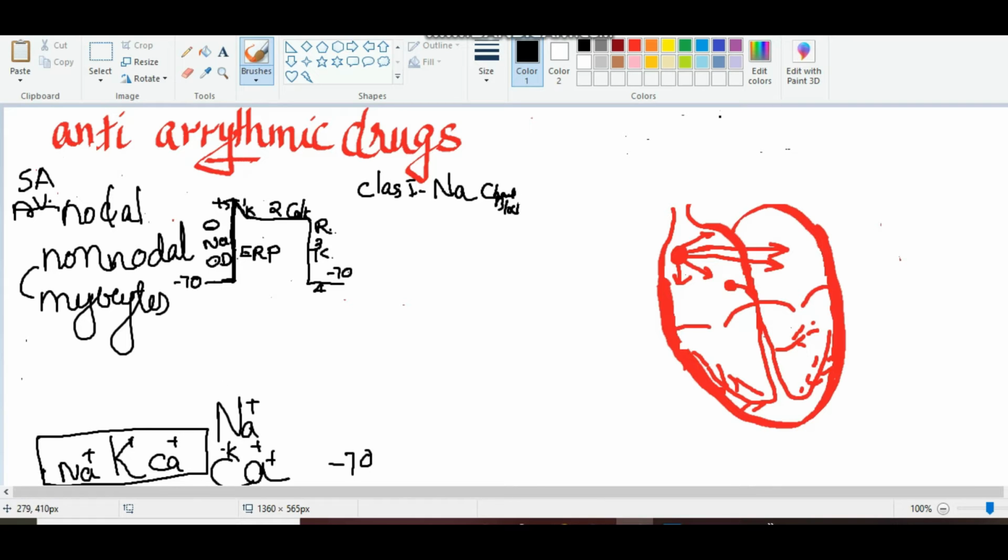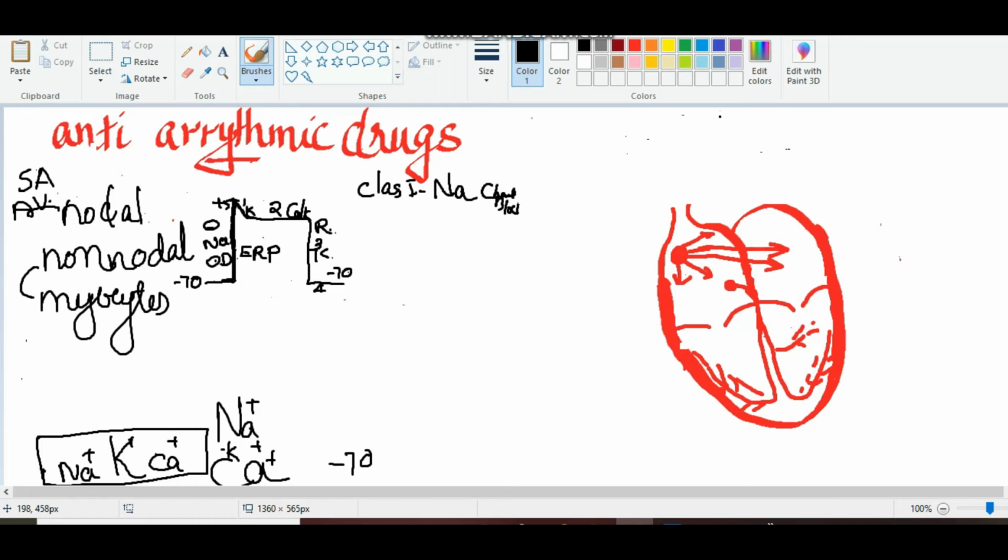The amount of sodium inside is small, about 10 to 20 millimoles, whereas in the extracellular space it's about 135 to 145. So there is a large amount outside the cell. Potassium is a large amount inside the cell, about 150 millimoles, but in the extracellular space, when we do the blood test, it's about 3.5 to 4.5.